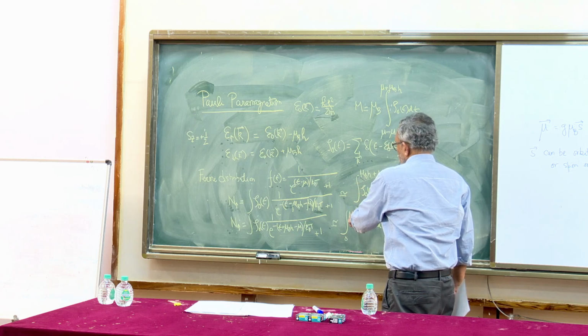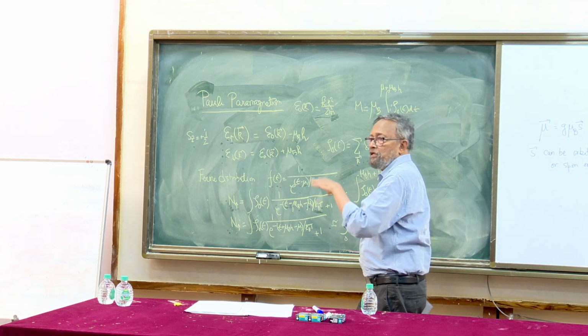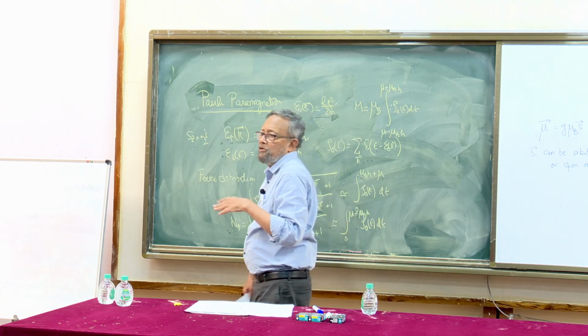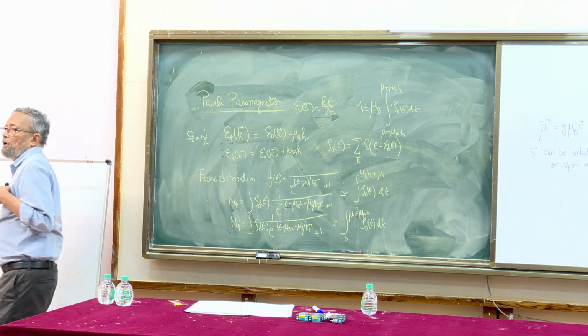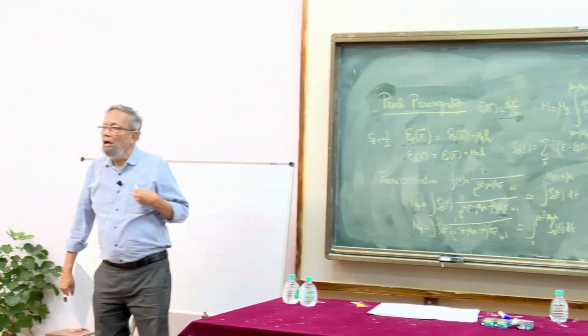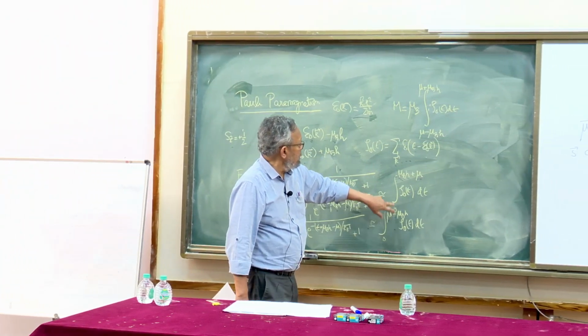For the down spins I am going to the chemical potential minus mu_B h. The chemical potential has to be the same for both up and down electrons because they are coexisting. So the number of down electrons is going to be smaller than the number of up electrons, and the difference is basically going from this limit to that limit.